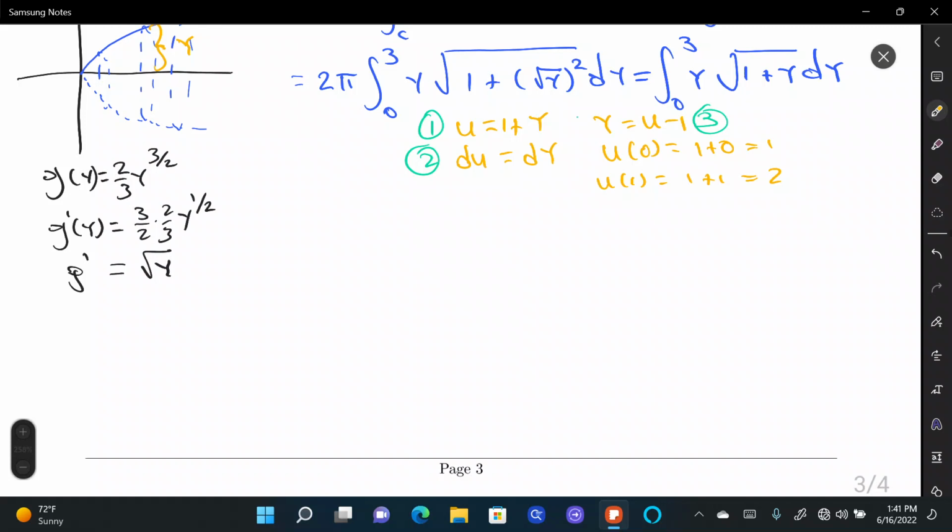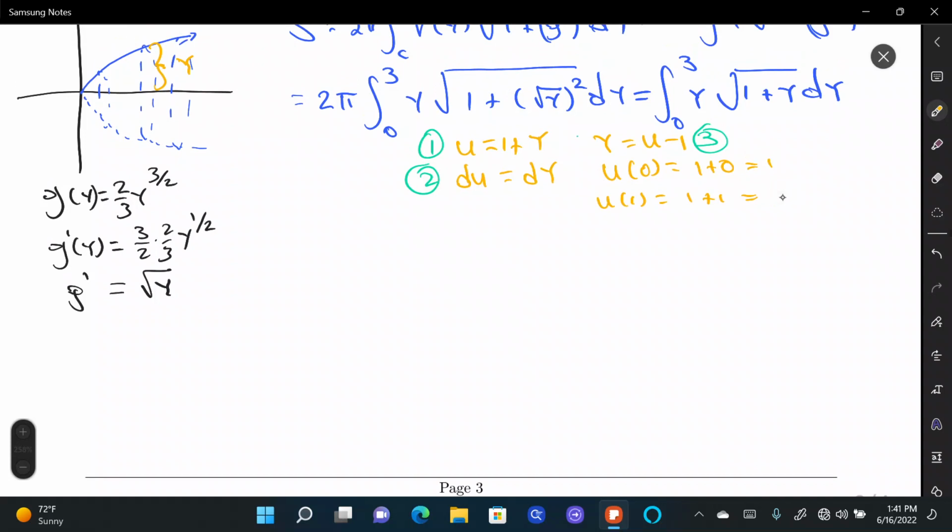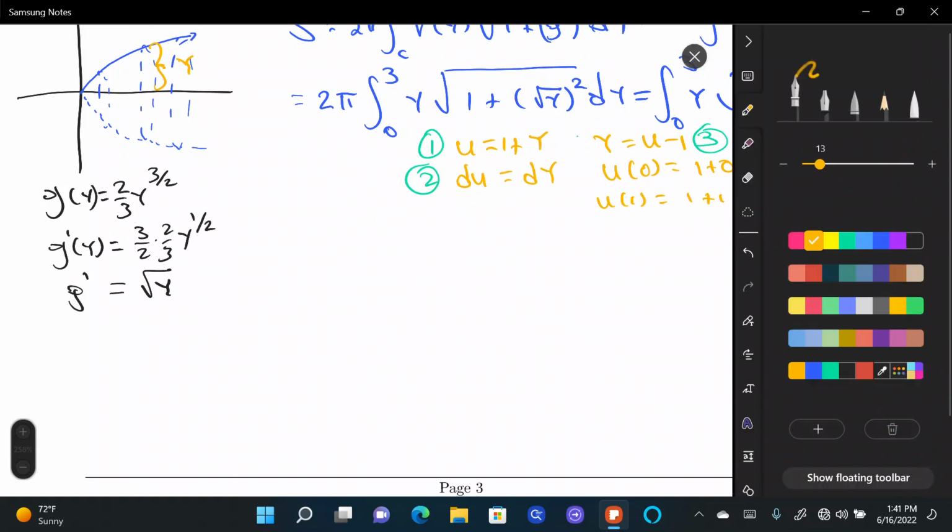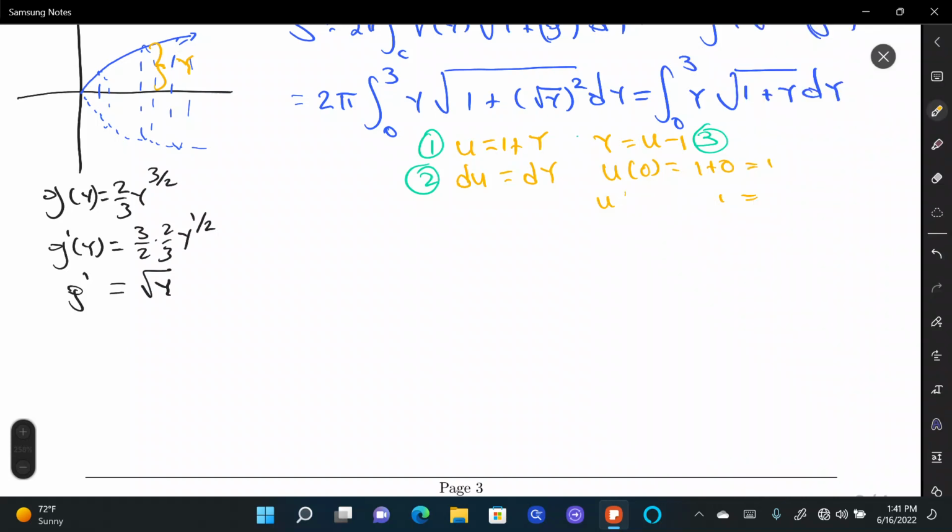Isn't it 0 to 3? 0 to 3, yes, that's a 3. I don't know where I got the 1 from. So that's going to be from 1 to 4. That's going to change a lot.